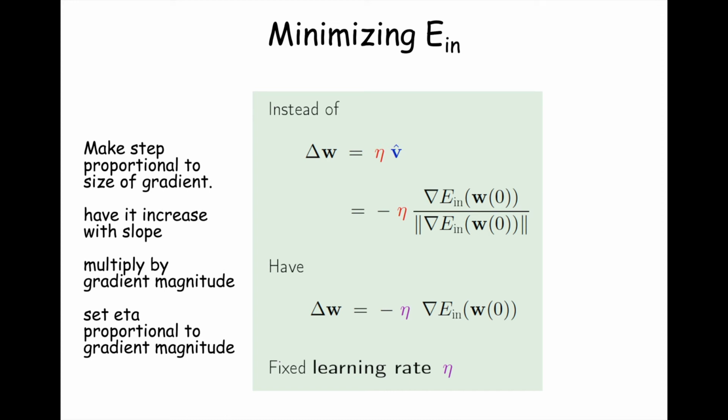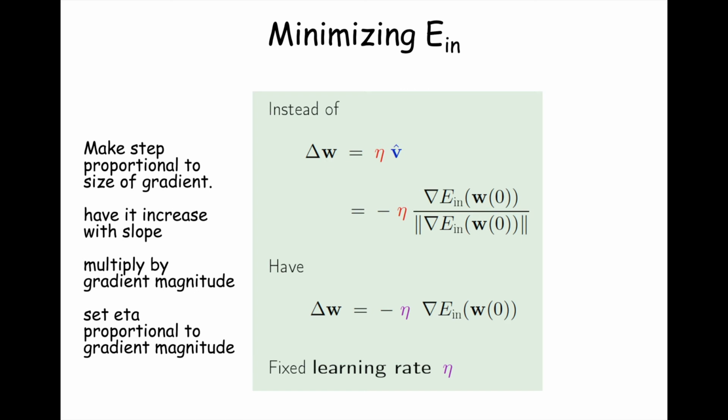So now, instead of that, what do we do? Well, we said we want to scale it so that it gets bigger when the gradient is bigger, and it gets smaller when the gradient is smaller. So now, imagine then, instead of saying eta, we said A times eta, where that A is going to get bigger or smaller depending on the size of the gradient.